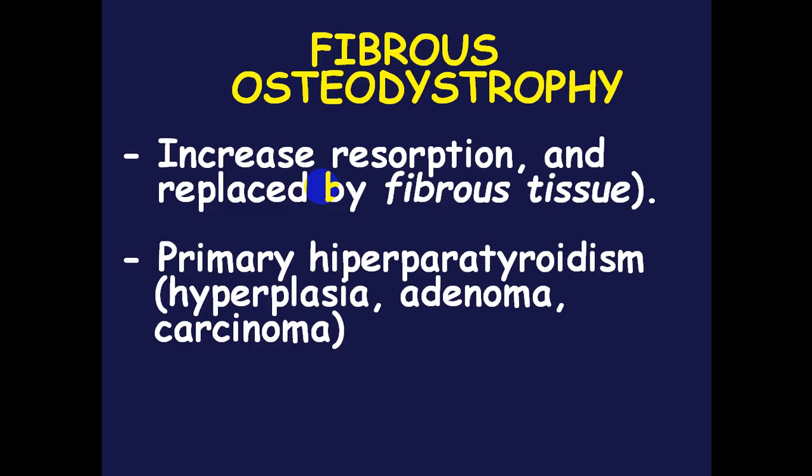Okay, there are some drugs causing hyperparathyroidism, or tumors, adenoma of the parathyroid, or carcinoma of the parathyroid, which will cause more active bone resorption, and then this parathyroid hormone also will facilitate and make proliferation of collagen tissue.